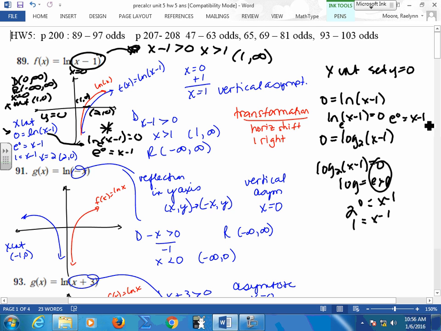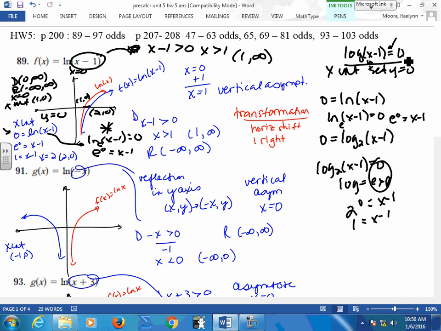If I gave you this, what's the base on this log statement when the base doesn't show up? 10. So wouldn't it be better for me to write my 10 in here? 10 to the 0, right? I have to put my 10 in there. So with an ln, you have to put your e in there. And that'll work out okay.